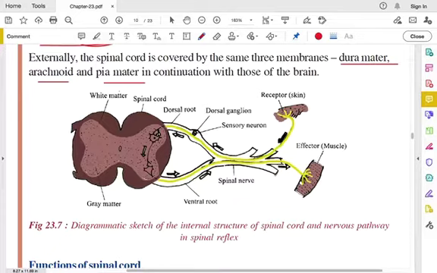Here you can see the white matter is outside and the gray matter is inside in the spinal cord, and here you have the ventral nerve, connecting to the receptor and to the effector in the muscle. Here you have the sensory neuron. So it shows basically how the spinal cord is connected to the receptor and the effector muscles.